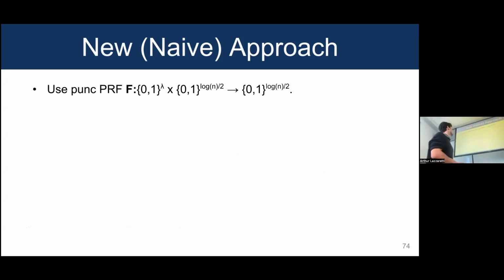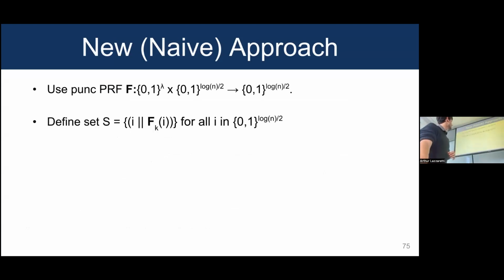Okay, so given this punctured PRF, we'll try a new approach to constructing these sets. Using this punctured PRF that maps log n over 2 bits to log n over 2 bits, we'll define our set as the concatenation of a string I that's about half the size of the domain and the evaluation of I. Intuitively, this gives us a set that's partitioned.